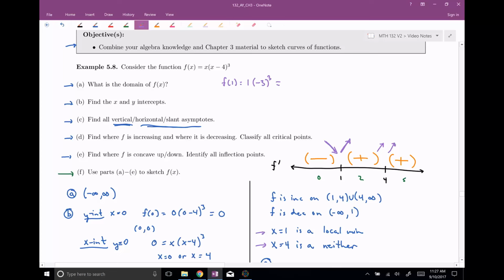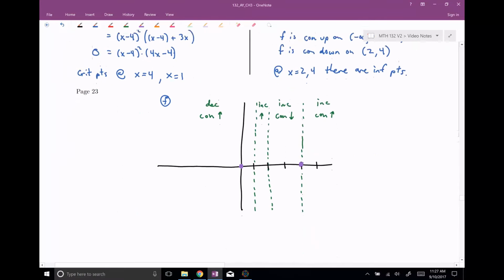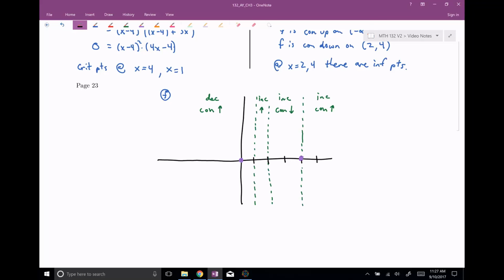Negative 3 cubed is negative 3 times negative 3 times negative 3, which is negative 27. That's quite a ways down there. So if I go back to my graph, we'll sketch this down a bit more, and say down here there is negative 27. So at 1, we get out negative 27.